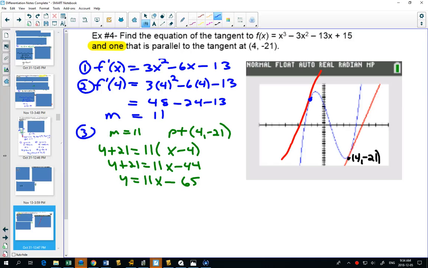This is a typical type of question that you would get as a part 4 to this. You found the derivative, you found your one equation line. That's your standard stuff that you need to do, and now we're causing you to think. What do you know about this line? We know the slope is 11.